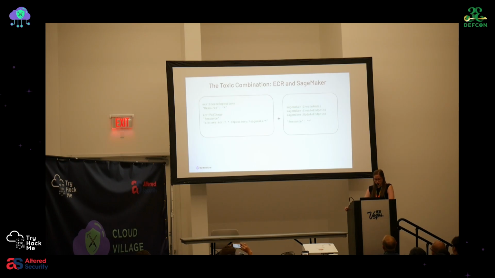Using the SageMaker permissions, I could create a malicious model that will use my malicious image, and then I could create an endpoint that will execute this model, and basically get a backdoor within the environment that is external from the notebook. It's a completely different endpoint.